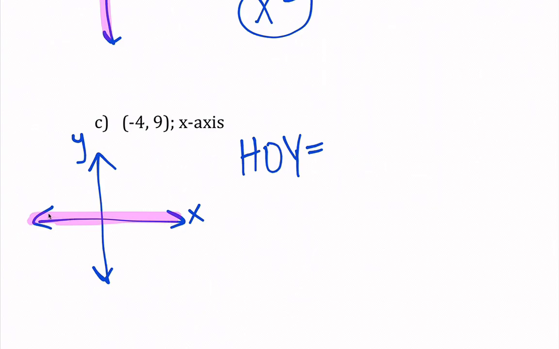So the x-axis is a horizontal line. So any line that's parallel to it will also be horizontal. So if I want to write the equation of a horizontal line, I know it's going to be a y equals equation. Well, y equals what? We have to look at our point. The y value of our point is 9.